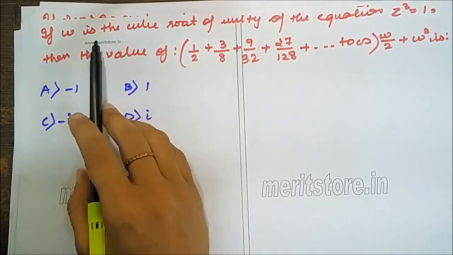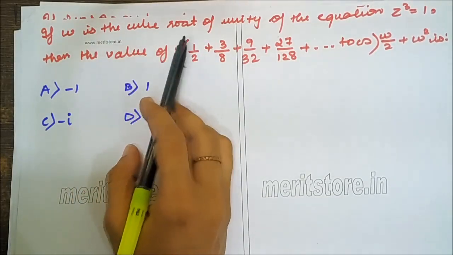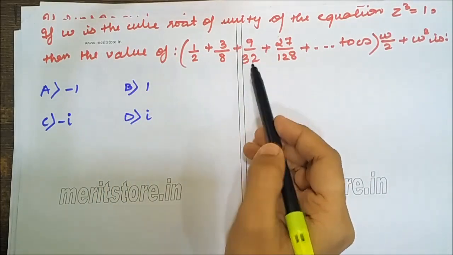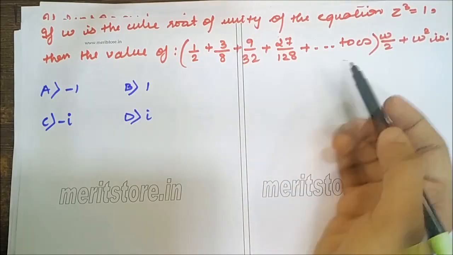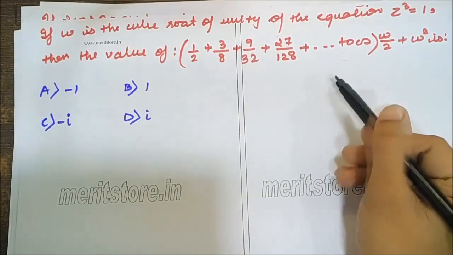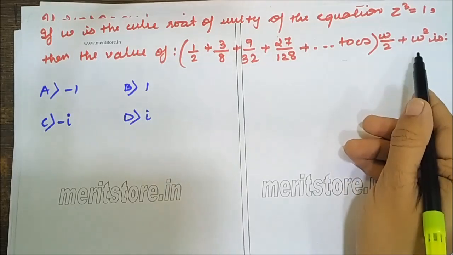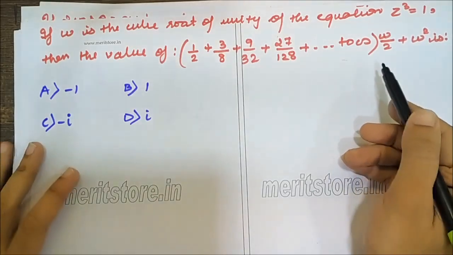If ω is the cube root of unity of the equation z³ = 1, then find the value of 1/2 + 3/8 + 9/32 + 27/128 till infinity, such that this is the 1 + ω + ω² = 0.